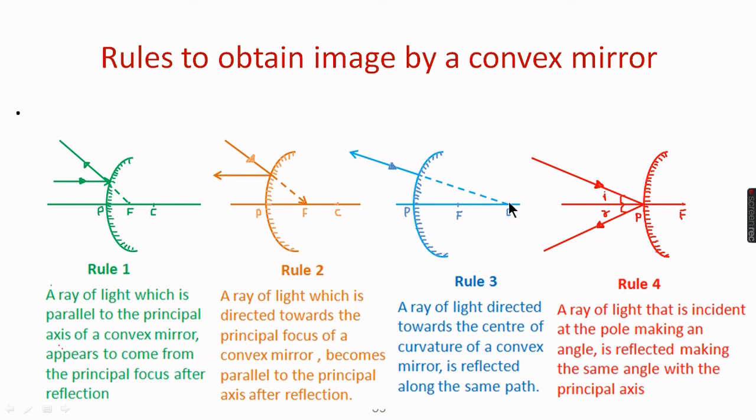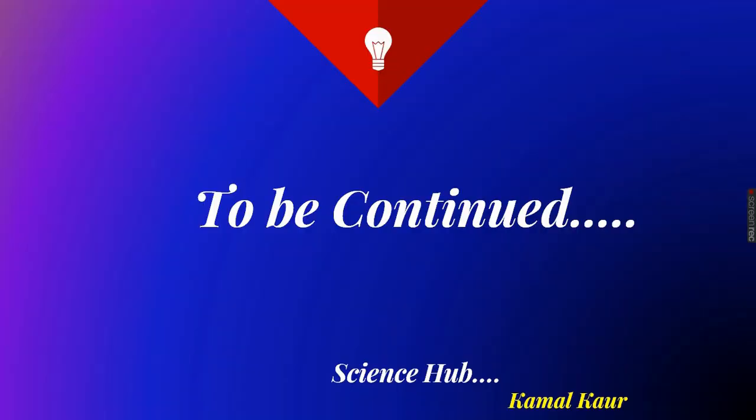A ray of light directed towards the center of curvature of a convex mirror is reflected along the same path. Rule 4. A ray of light that is incident at the pole making an angle with the principal axis is reflected in such a way that it makes the same angle with the principal axis. So these are the rules for the convex mirror.